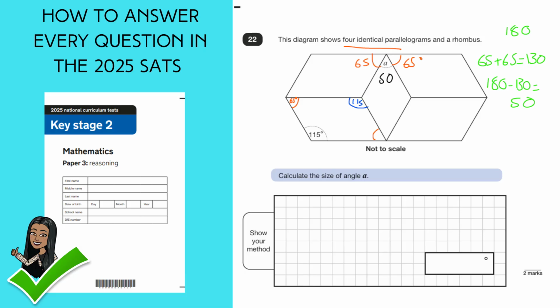So size angle A is 50 degrees. You would show your working out down the bottom here. You would just literally show 65 plus 65 equals 130 and 180 subtract 130 equals 50.